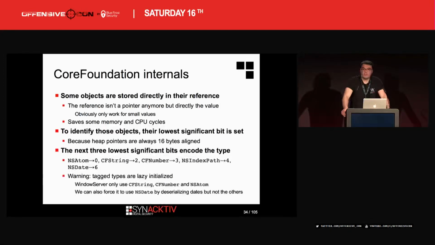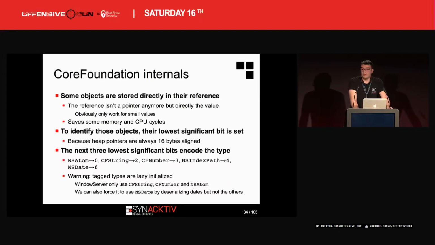And so that saves some memory and CPU cycles, because you don't have to keep references on those objects, and you don't have to allocate or free memory when you are manipulating them. To identify those objects that are directly stored in their reference, the lowest significant bit is set, because every allocation is a multiple of 16, so if the lowest bit is set, you know that this is not a pointer from the heap. The next three lowest significant bits encode the type of the object.